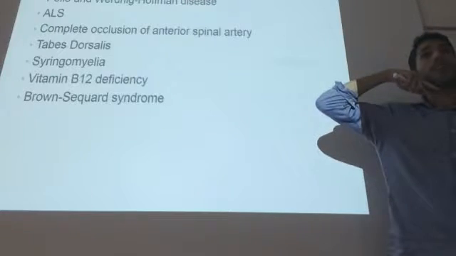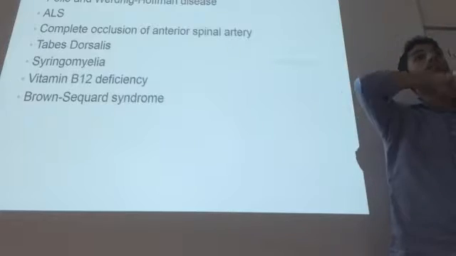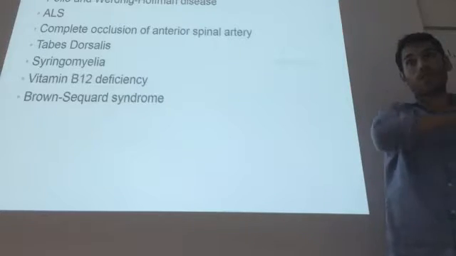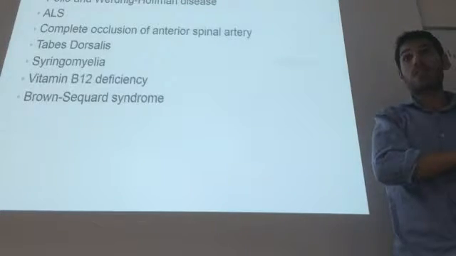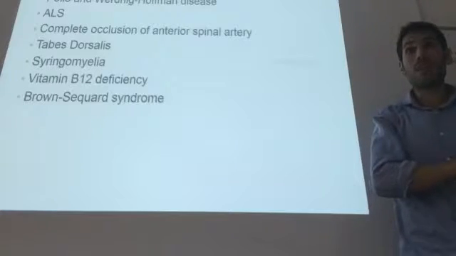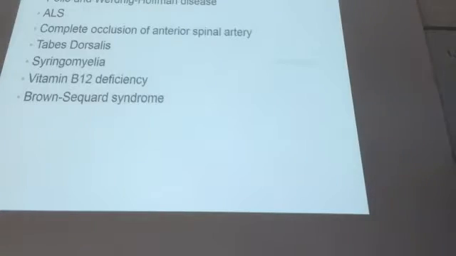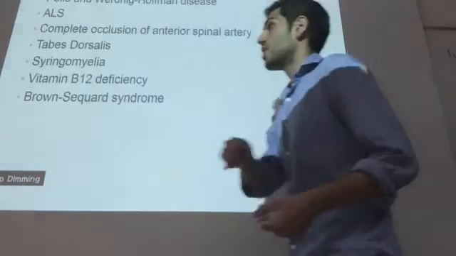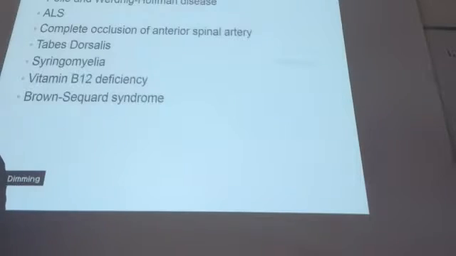It decussates at the medullary pyramids, and then it travels down to the level where the nerve is eventually going to come out. Its synapse is right here, in the ventral columns, in the anterior columns.